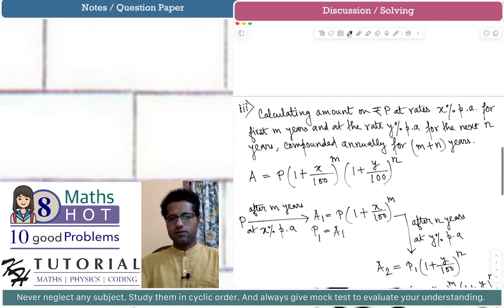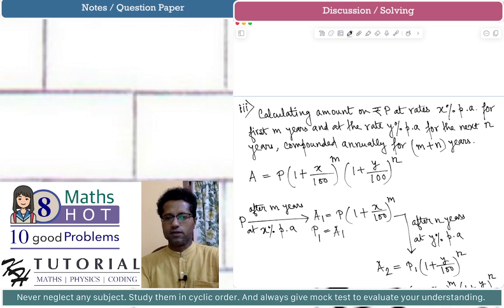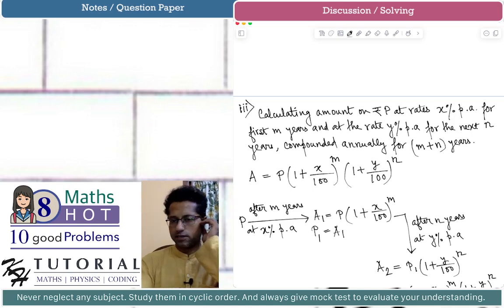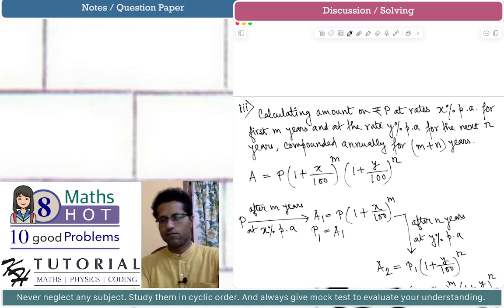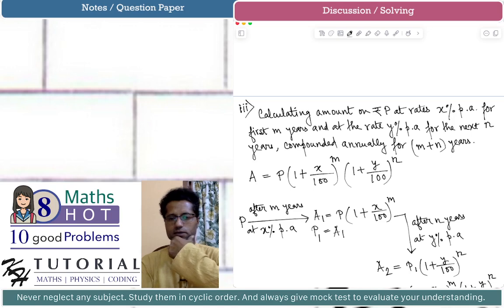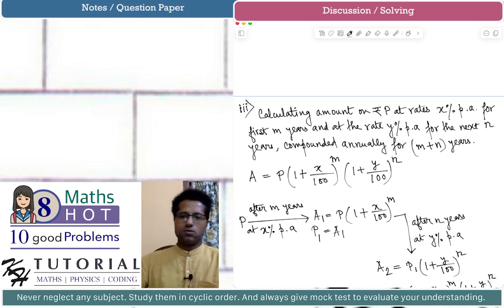Also for case 3, that is when we are calculating the amount for m plus n years, let's say in this case the order of the rates is changed, that is the rate is y% per annum for the first m years and x% per annum for the last n years.